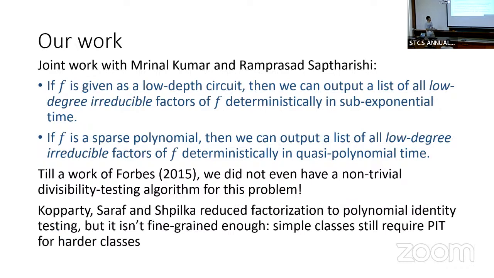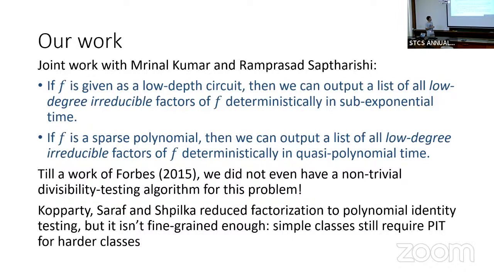And along the same vein of trying to connect de-randomization of polynomial factorization to de-randomization of polynomial identity testing, which is finding a non-zero for some polynomial, there was a work by Kopparty, Saraf, and Shpilka, where they did reduce factorization to polynomial identity testing, but that wasn't fine-grained enough.